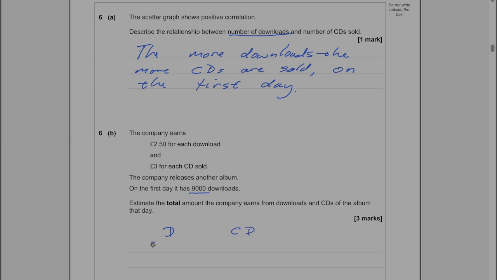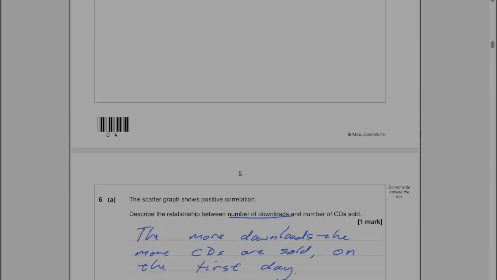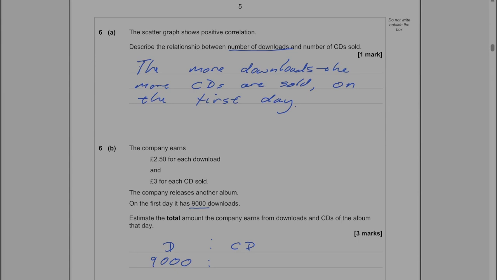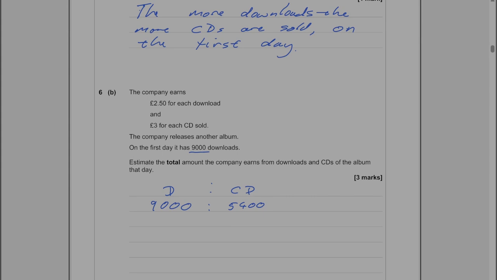So 9,000 downloads would imply, looking at the jumps here, 5,400 CDs. Right, so I need to times this one by 2.5 and this one by 3.